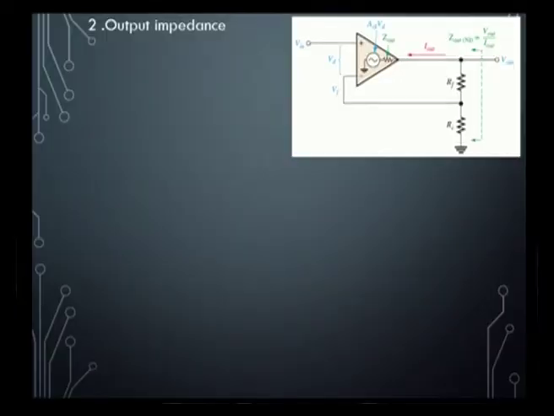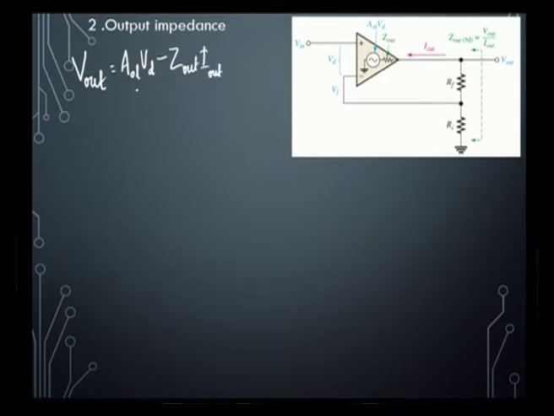The very first thing that we need to consider is Kirchhoff's voltage law, where V out is equal to AOL VD minus Z out into I out.